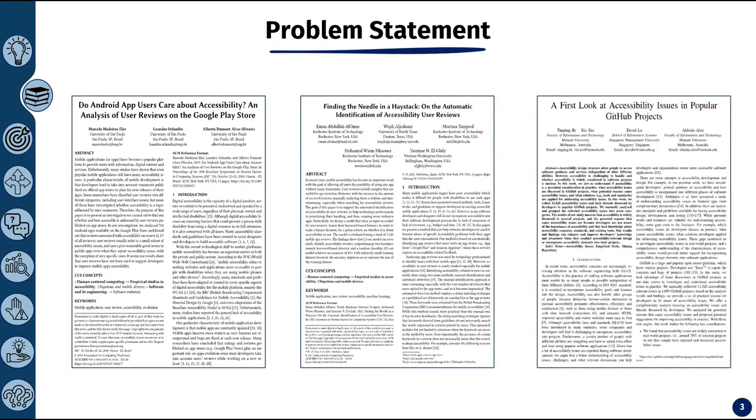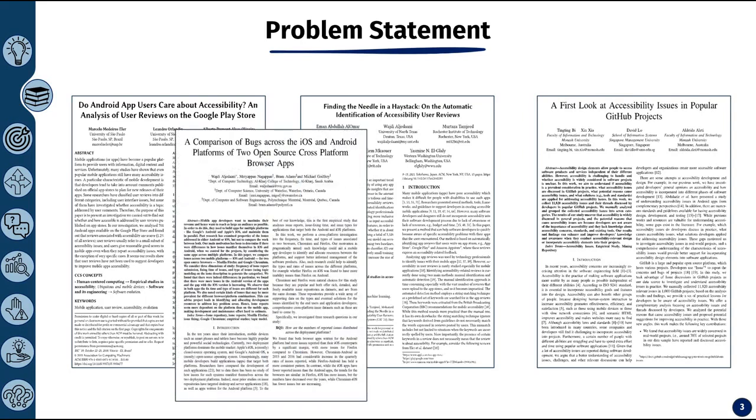In the third paper, the study mined issues reported in GitHub in order to understand accessibility bug reports overall. The fourth paper is our prior study, where we compared the iOS and Android platforms for overall purposes. We did not specifically look into accessibility.